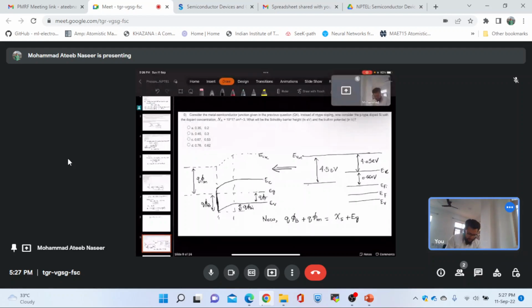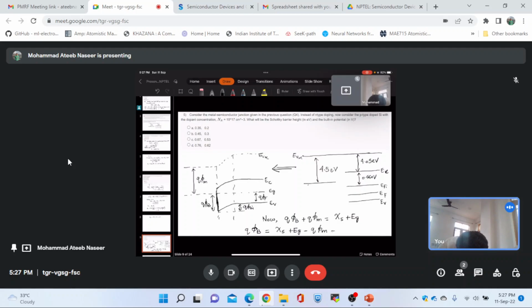Now, if I simply write down this value, I have to substitute these values over here to get the barrier height. This phi b is simply the electron affinity plus the band gap minus the metal work function.